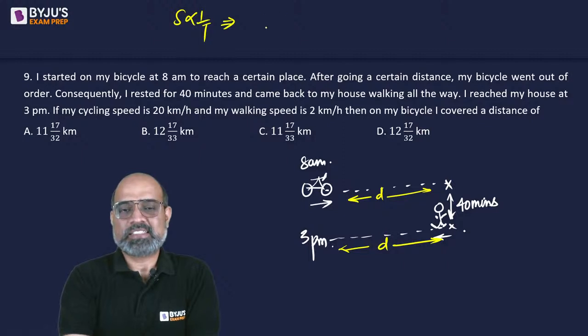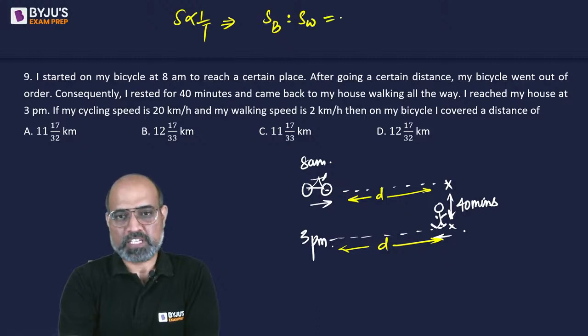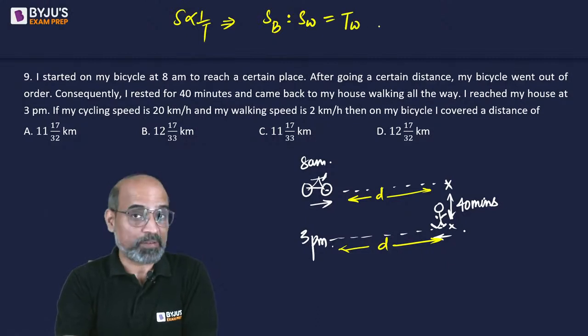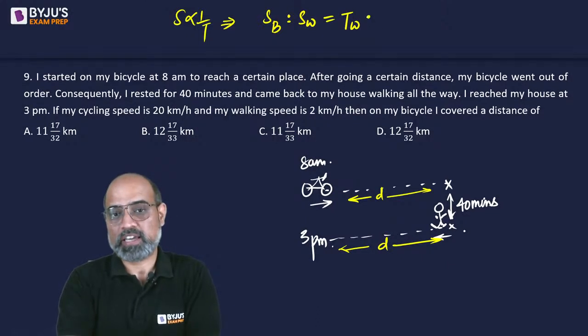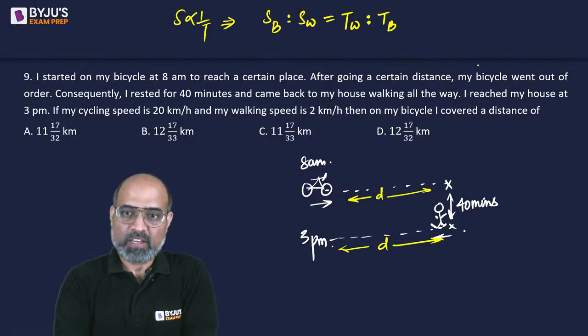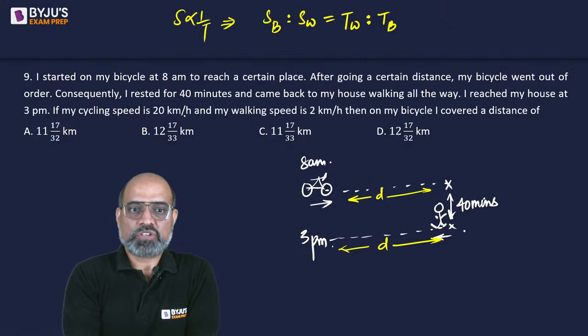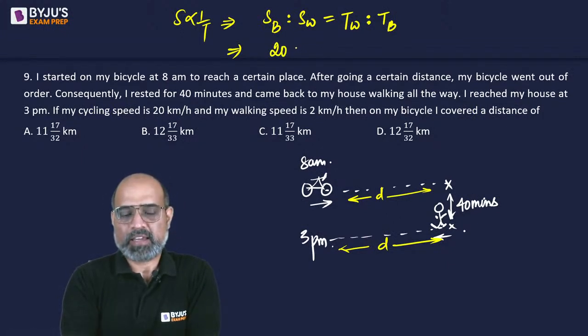So this tells us that the speed of the bicycle and my walking speed are inversely proportional to the time that I took while walking and the time that I took while bicycling. Speed of cycling is given to us as 20 and walking speed is given as 2.